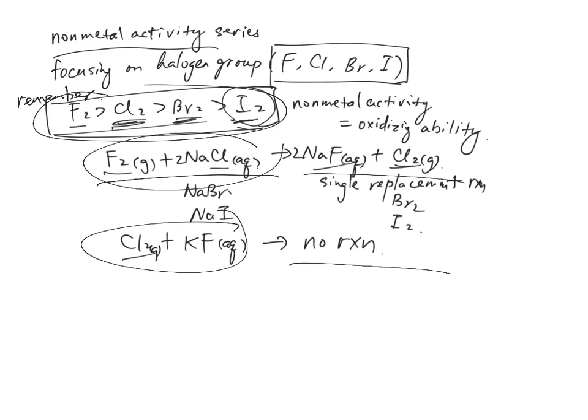So activity series and the single replacement reactions are not hard concepts. Compared to the possible questions that you would be facing in an exam, like balancing redox equations and figuring out the oxidizing agent and reducing agent, this is actually very easy and very straightforward.